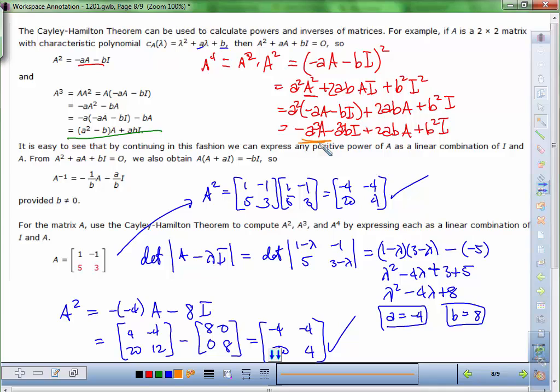If we combine all the terms with an A in it and all the terms with an I in it, we're going to get minus a cubed plus 2ab times A, plus, and I'll put this in parentheses because this has a negative, negative a squared b plus b squared, multiplied by the identity matrix.